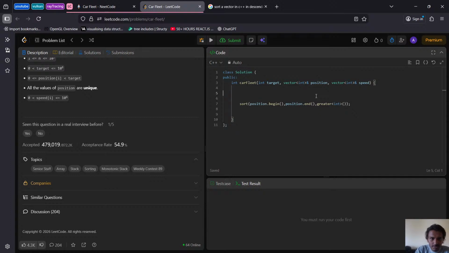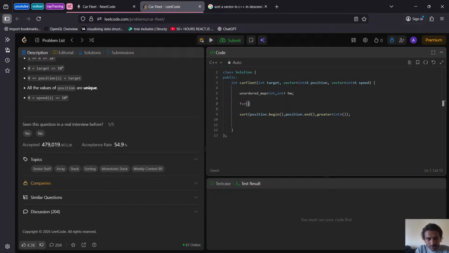Let's create an unordered map of int to int, hashMap.